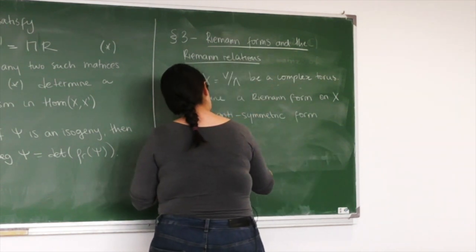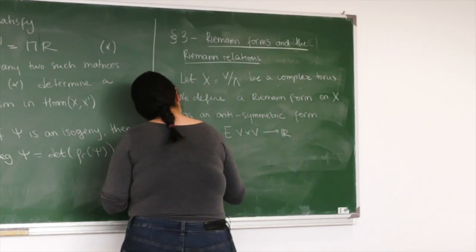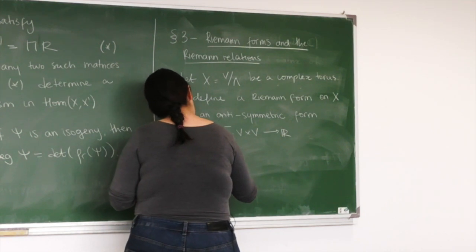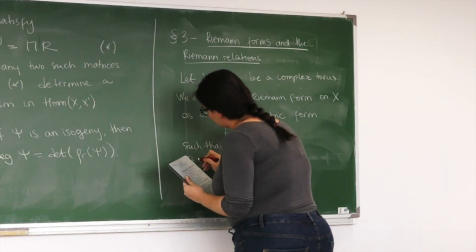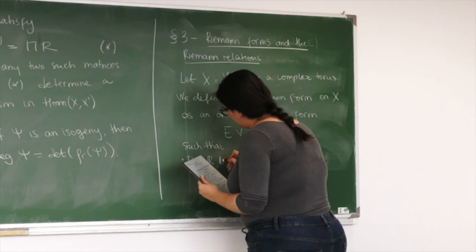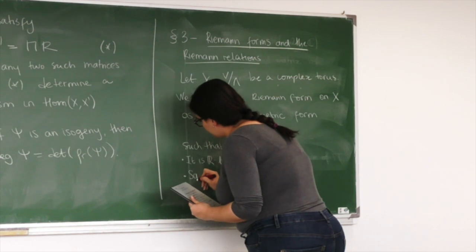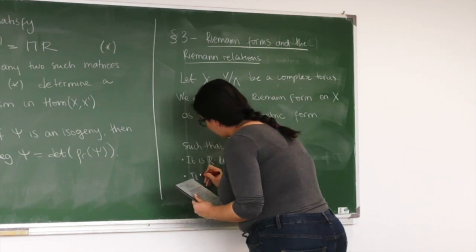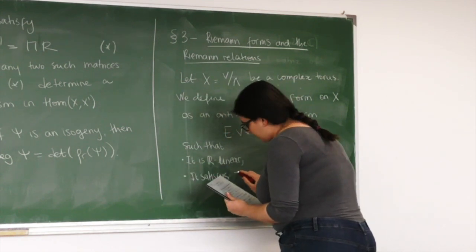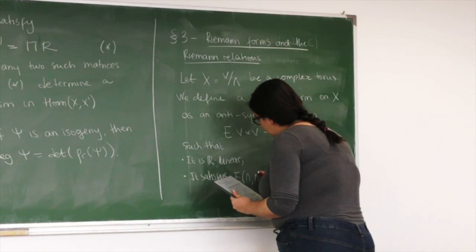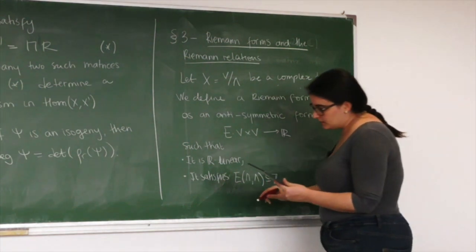E that goes from V times V to the real numbers, such that, and let's see if I can get all the conditions in one board, it is R-linear, satisfies that when we evaluate it on the lattice, the results that we obtain are integers, so it's integer valued over the lattice.